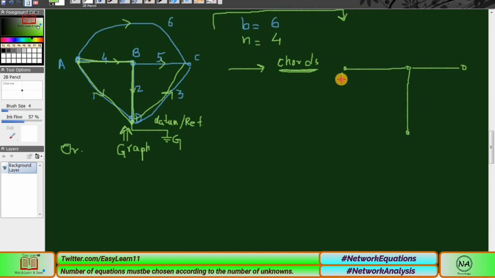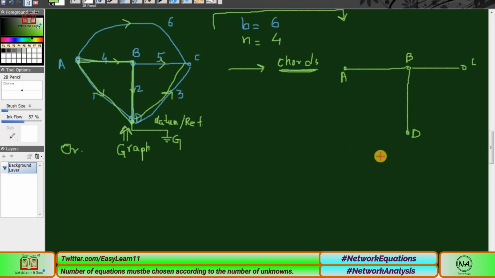As you can see, first we draw the nodes. When I am ready to draw the graph of the tree, I just draw the circles here, A, B, C, D, if you remember. This is an ordinary way to draw the tree. Then after counting the nodes, which here are 4, we subtract 1.